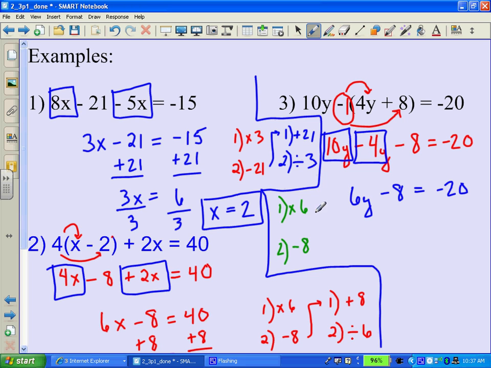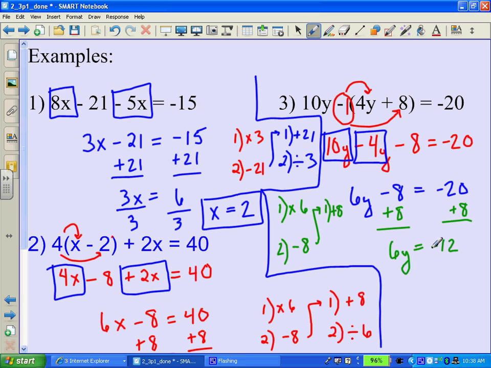Second thing, minus 8. So the first thing I want to do is plus 8. So plus 8 plus 8 gives me 6y equals, and this is a negative 20.